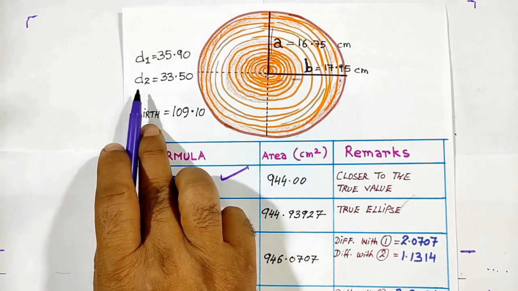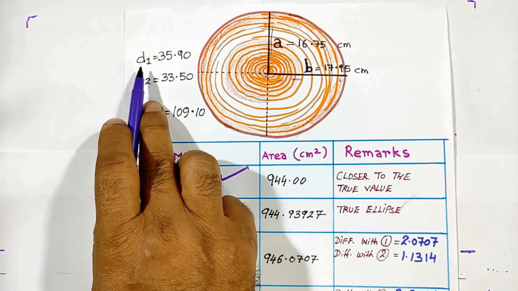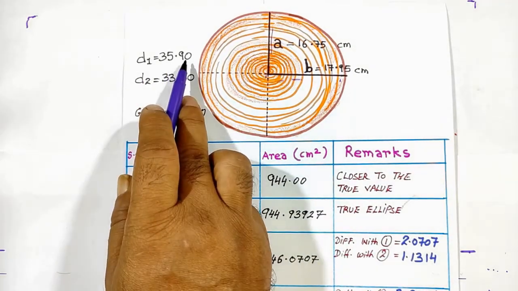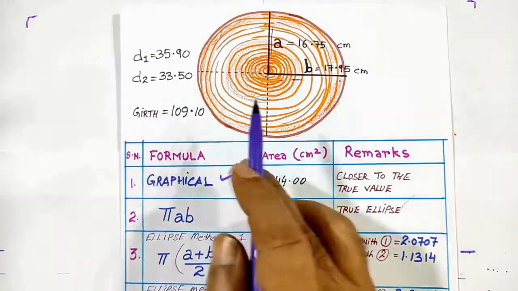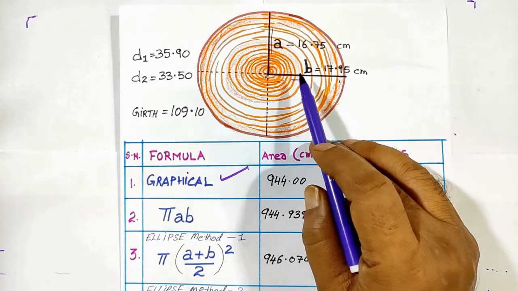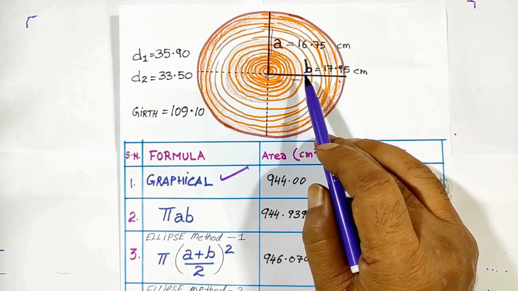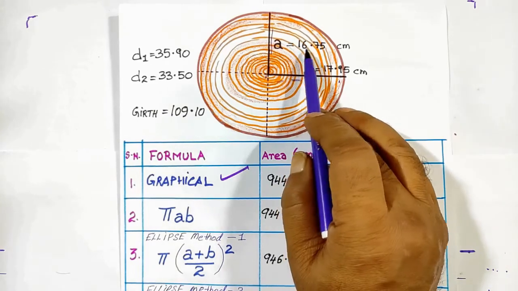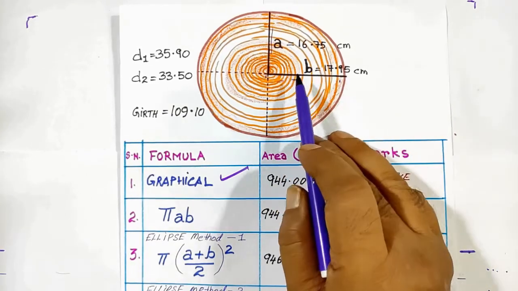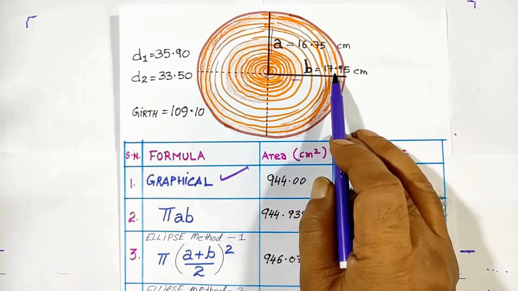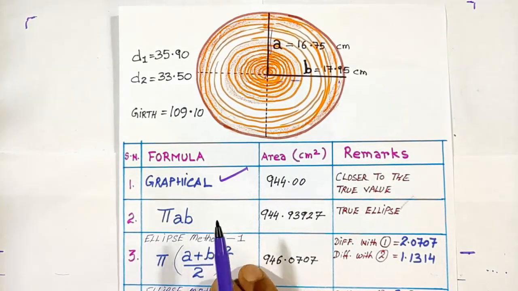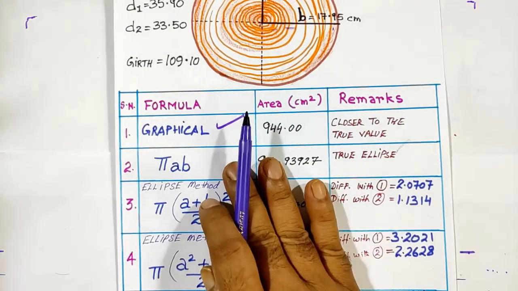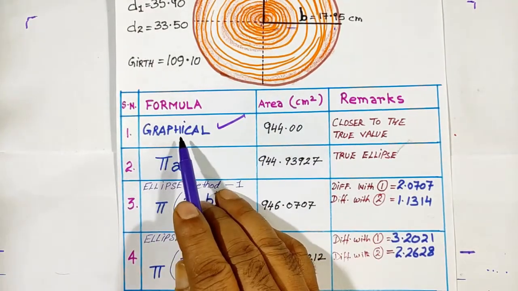The major axis diameter is 35.90 centimeter, and the minor one is 33.50 centimeter. When we consider the semi-major and semi-minor axis, that is the radius, the semi-minor A is 16.75 centimeter and the semi-major radius B is 17.95 centimeter. The authentic way, what we have done as shown in the graphical method, is more authentic.